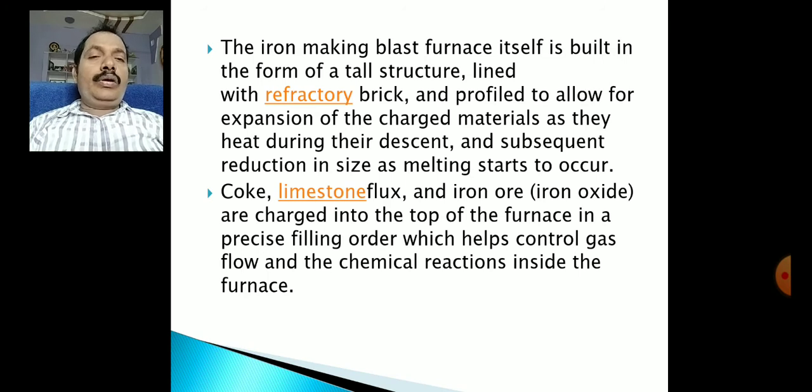So coke, limestone flux, and iron ore, that is the iron oxide, are charged into the top of the furnace in a precise filling order, which helps control gas flow and the chemical reactions inside the furnace.